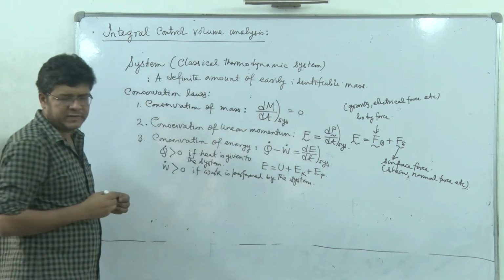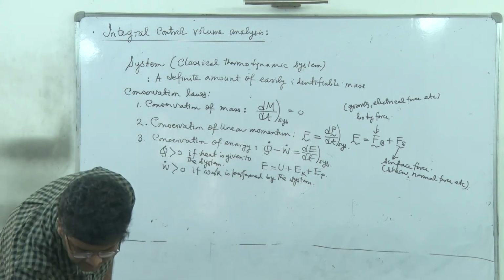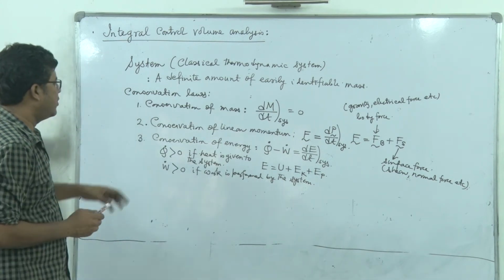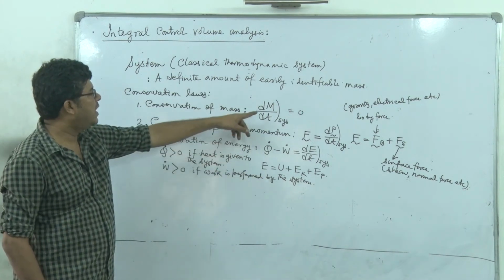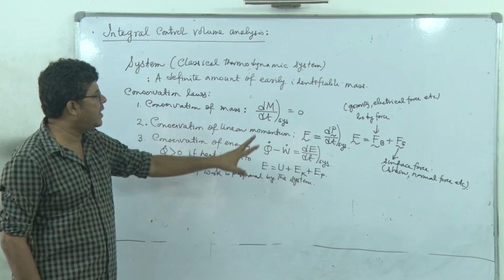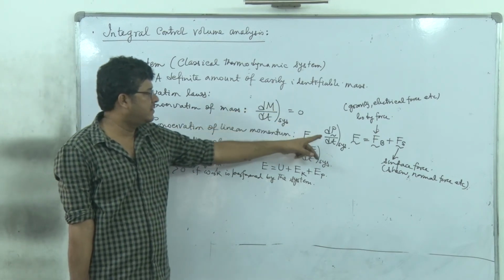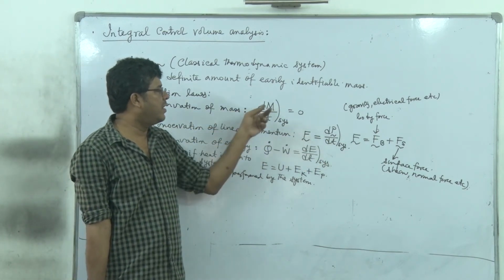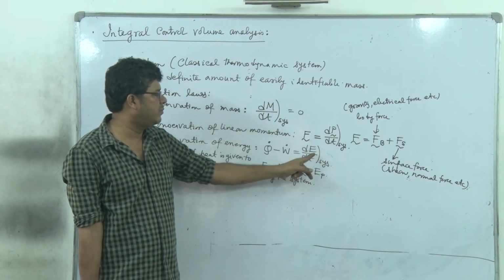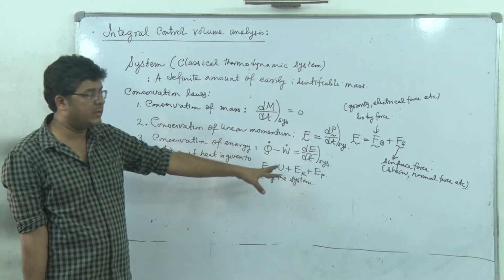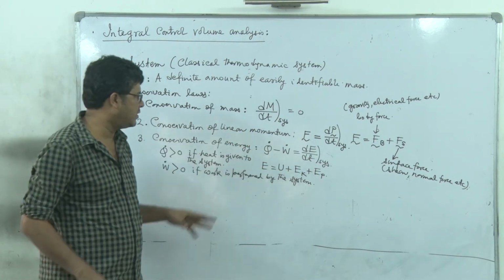Now one thing before we stop, it's important to note that in all these three conservation laws we have discussed, one side contains the time derivative of some explicit property like total mass, total linear momentum, total energy, which is the sum of internal plus kinetic plus potential energy.